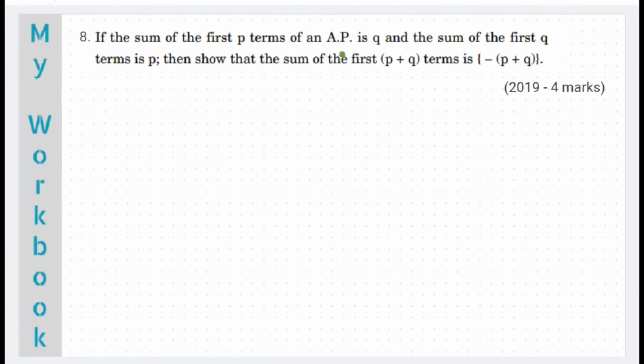We need to find the sum of the first p plus q terms. So S of p plus q will be p plus q by 2 into 2a plus p plus q minus 1 into d. So let's simplify this.